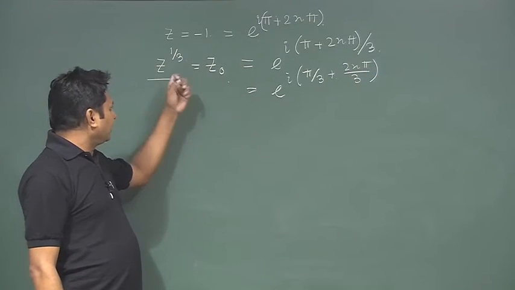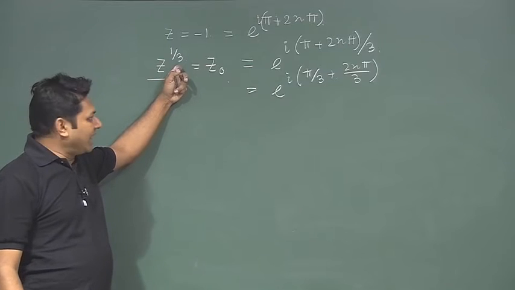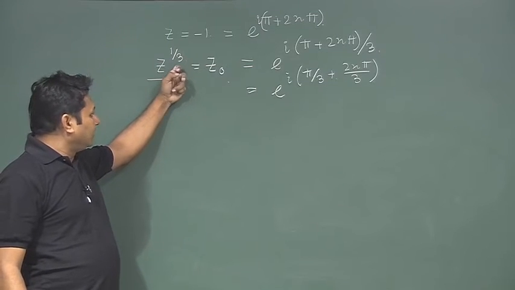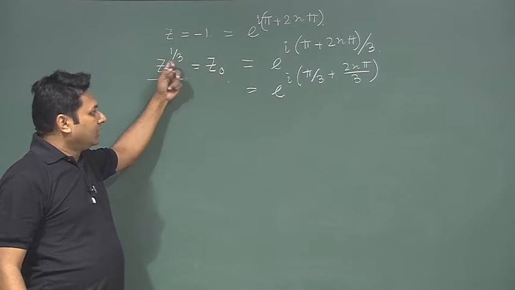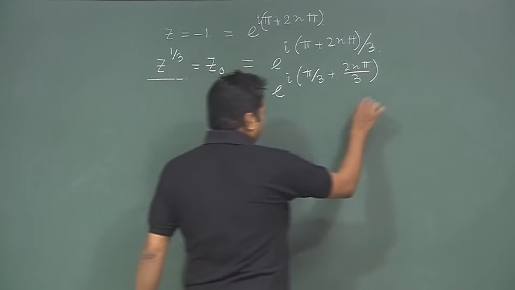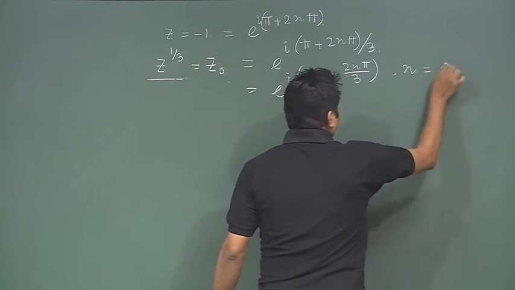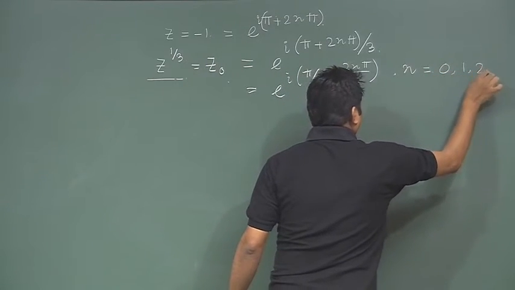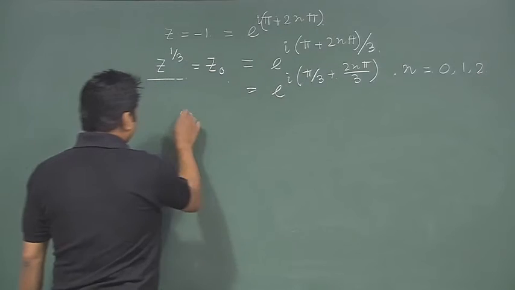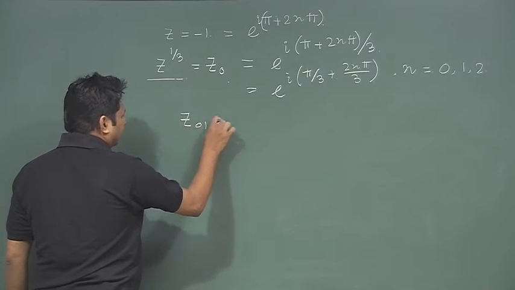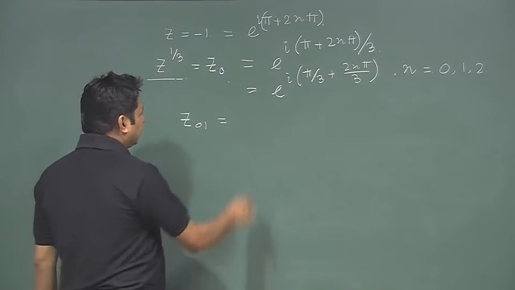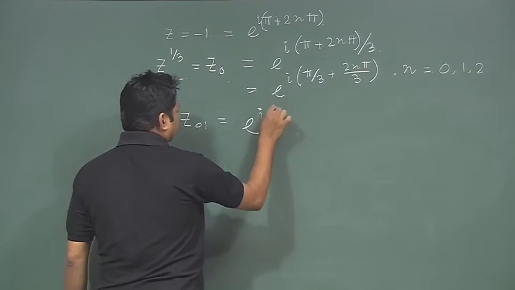Now, for m equal to 3, we should have three distinct roots. So, the restriction of n here will be up to 0, 1 and 2. Now, like the previous one, z01 is e to the power of I pi by 3.